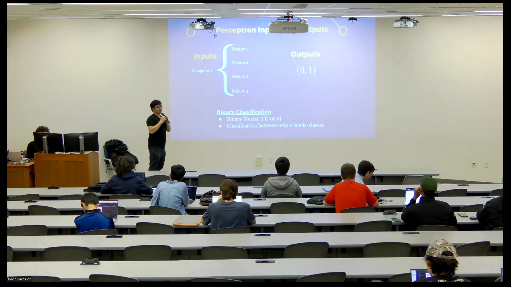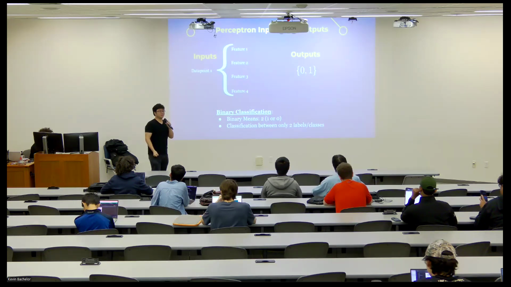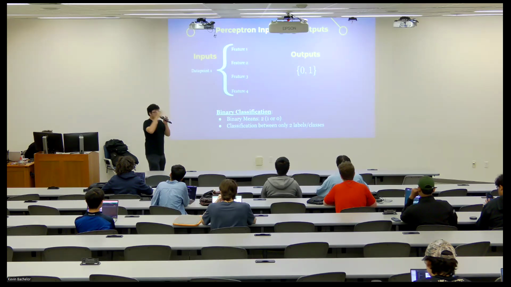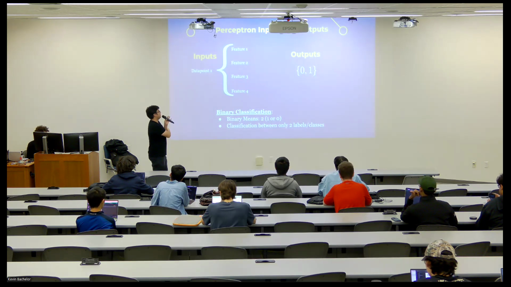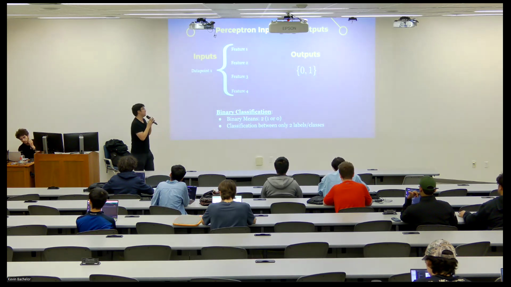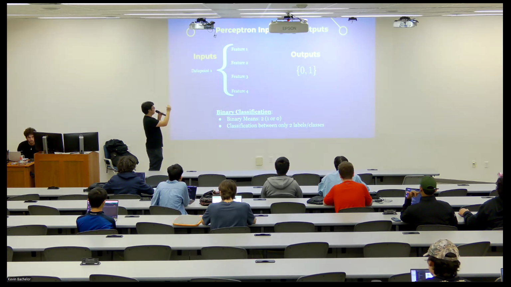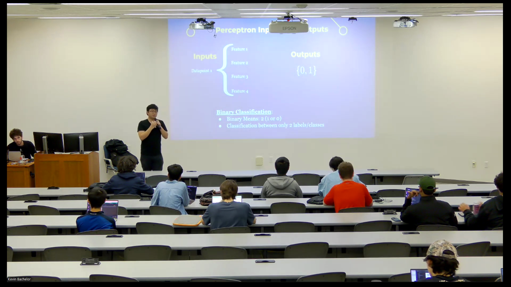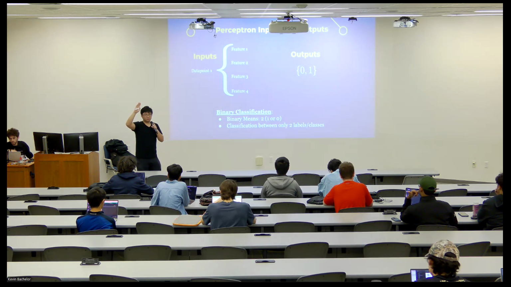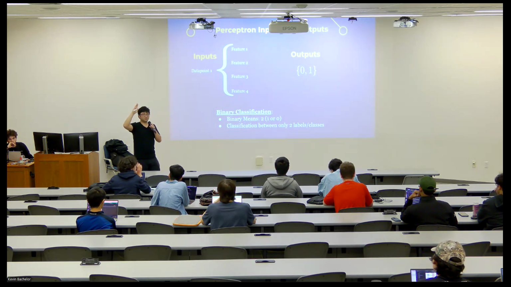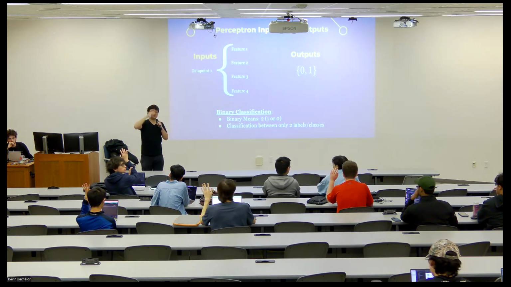So what exactly does a perceptron do? I was talking about the neuron, which does a lot of things, but the perceptron isn't exactly like the neuron. A perceptron just takes in data. How many of you were at the linear regression meeting? I'm seeing a lot of hands.